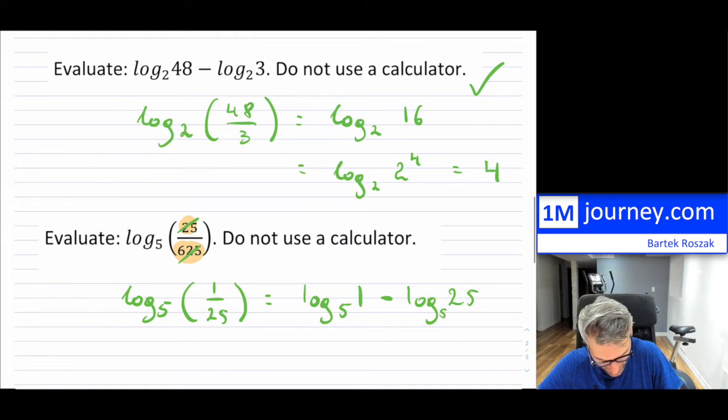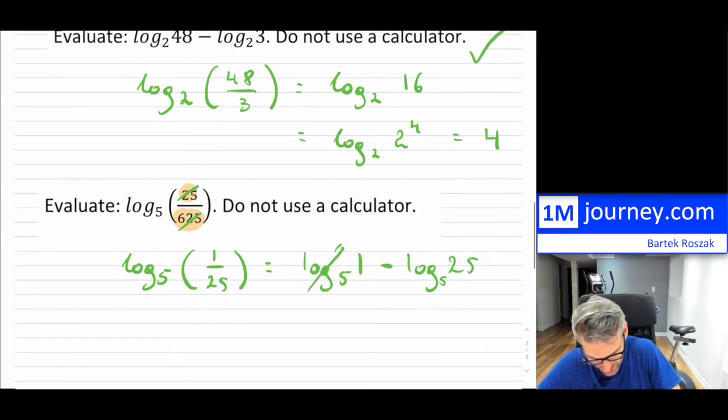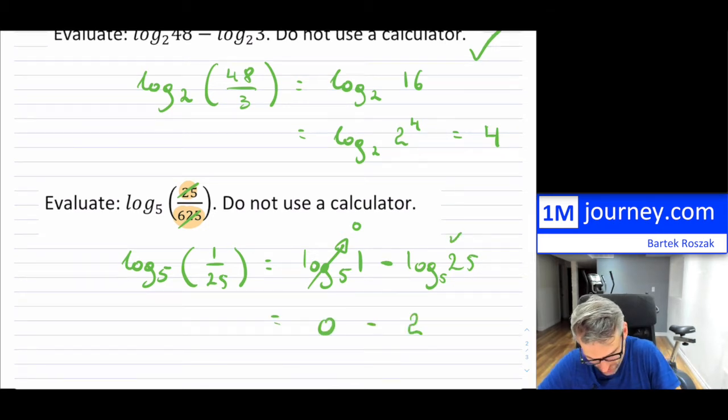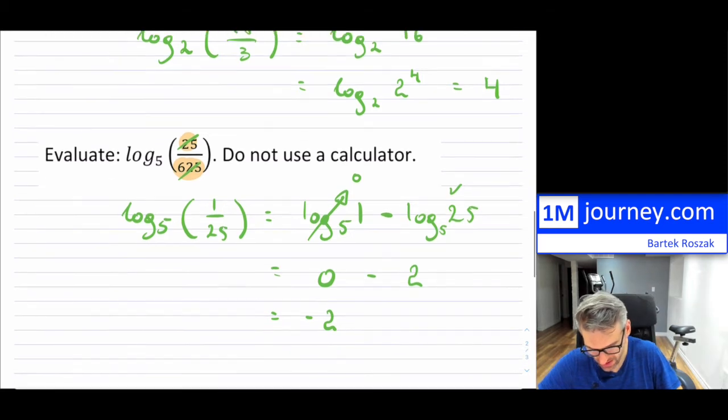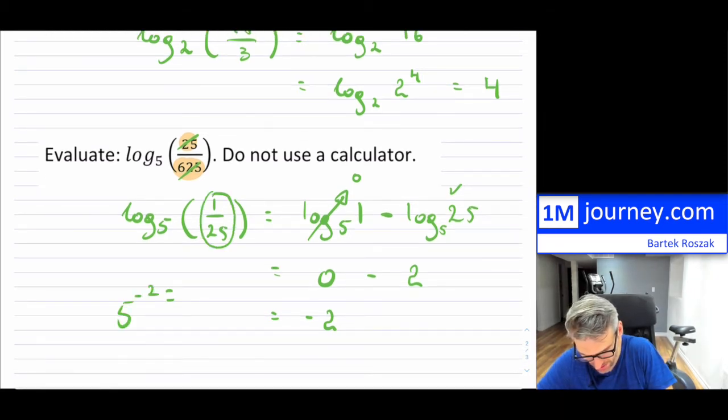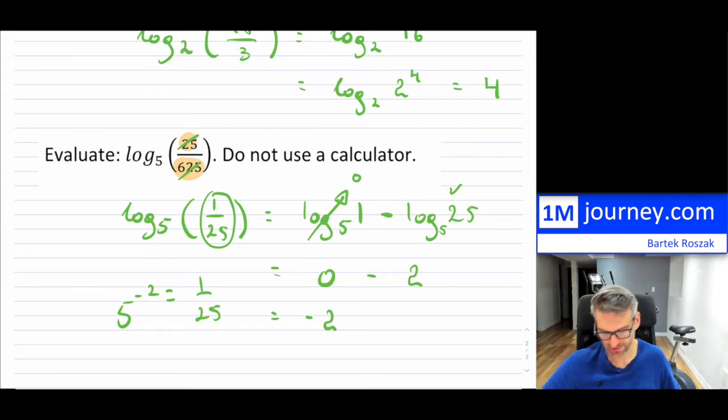Okay, so that's not bad. So this one is 0, right? It's going to be equal to 0 minus, and this is 2. So this is just negative 2. Actually, which makes sense, right? Because notice, 5 to the negative 2 is indeed 1 over 25. Okay, so there you have it. That's question 5 for us.